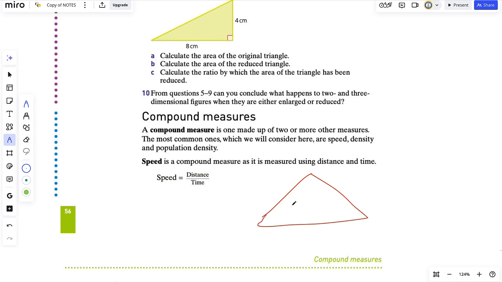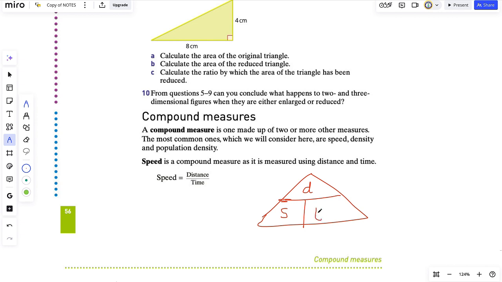This is not physics, this is just math. In physics, speed is v and distance is s, but we just want to use s for speed in math here, because there are students who are not science students. So speed is s, distance is d, and time is t.